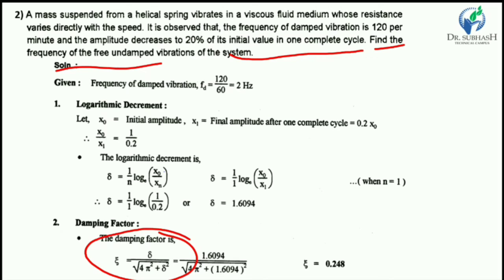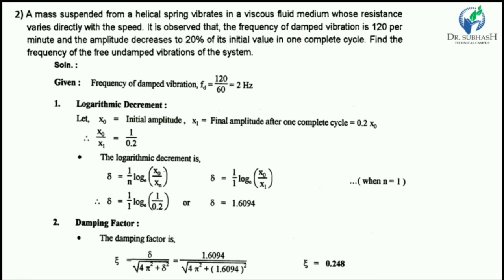Here the damping coefficient is not given, so we have to find the damping factor from this equation. First we have to find the value of delta, which is the logarithmic decrement, and we know that delta is equal to 1 upon n times the natural logarithm of x0 upon xn. Now here the condition is given: the amplitude is decreased to 20% of the initial value in one complete cycle.